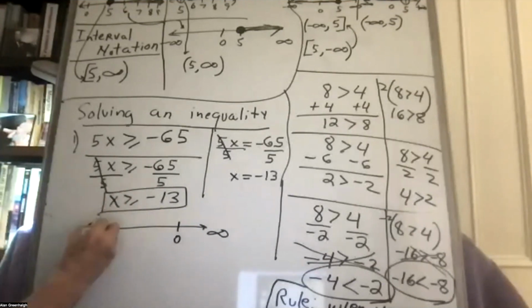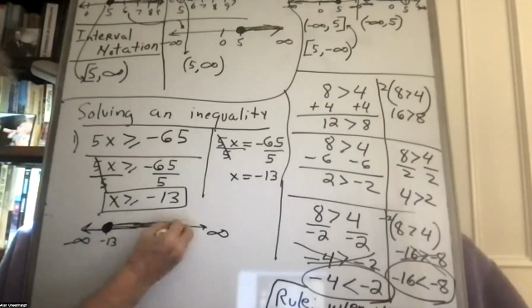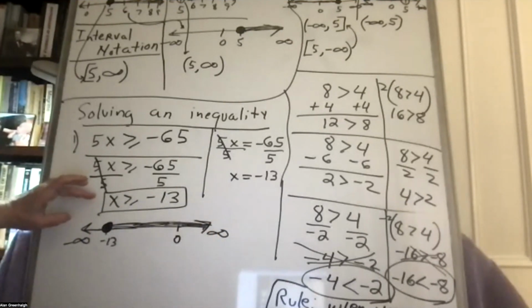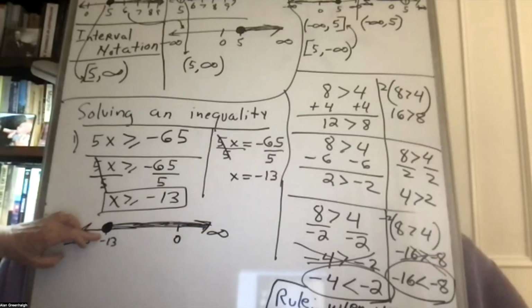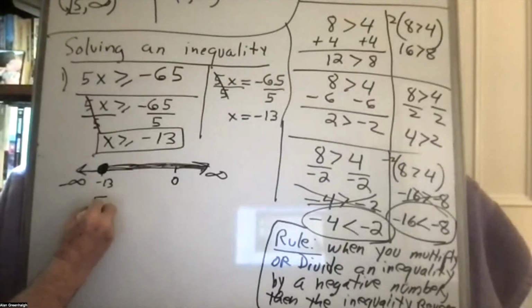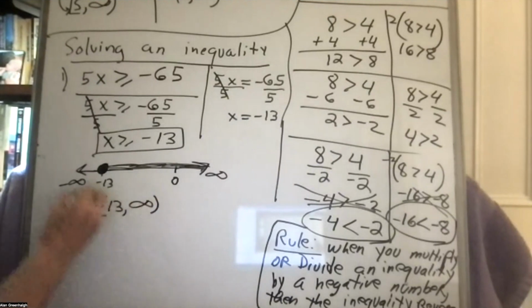A closed-in circle. Shaded in all the way to the right. The inequality, the absolute value, and the interval notation. Bracket, negative 13 to infinity. There it is.